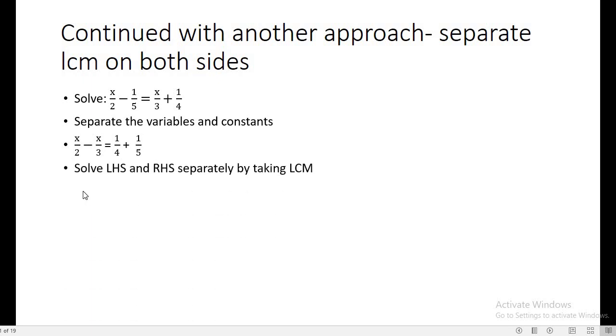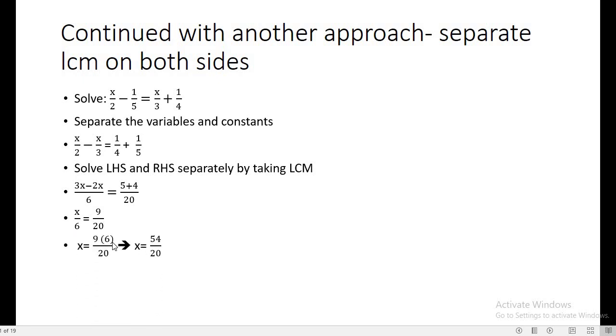So on the left hand side we have LCM 6 and on the right hand side we have LCM 20. Solving this, we have 3x minus 2x upon 6, and solving this we have 5 plus 4 upon 20. So we get x upon 6 equals 9 upon 20. Here we have to isolate the variable. So this 6, which is present in division, will be transposed to the right hand side, and the division will become multiplication.